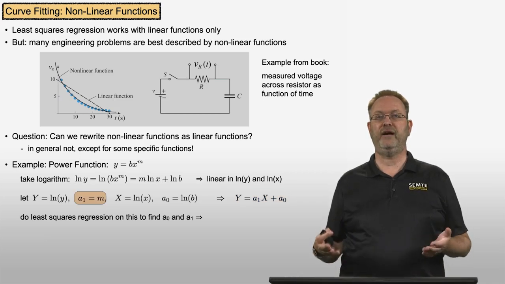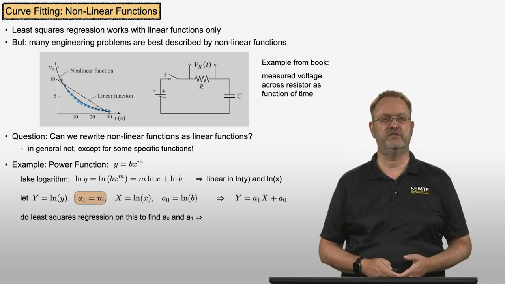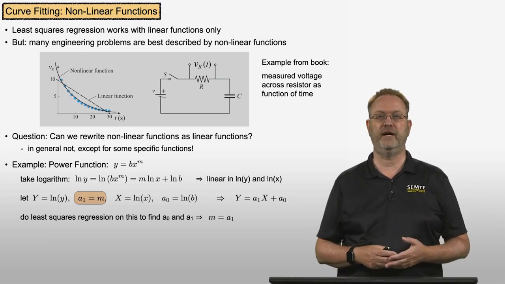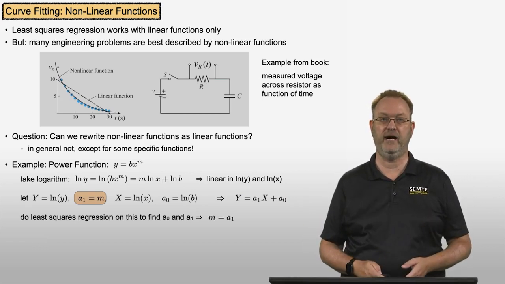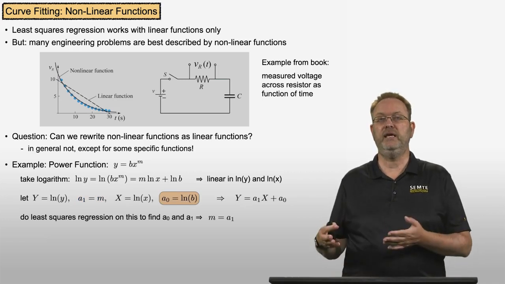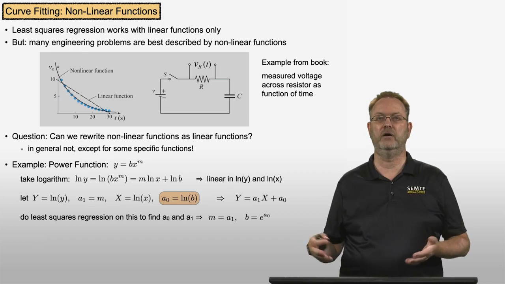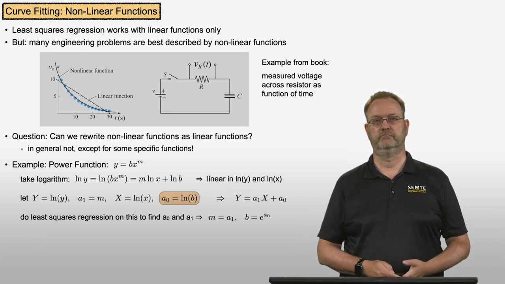So once I have found the a0 and a1 by linear least squares regression, then the m from the original power function is just equal to my a1. And the b in my original power function is just e to the power a0.